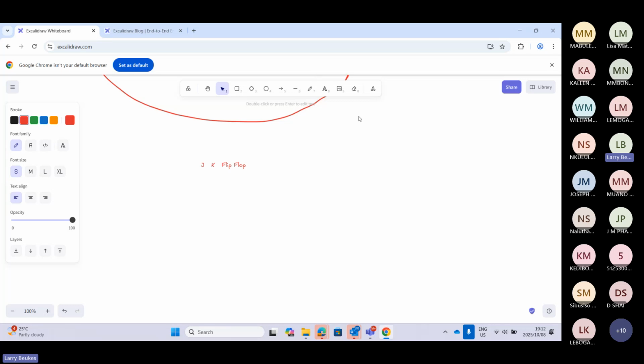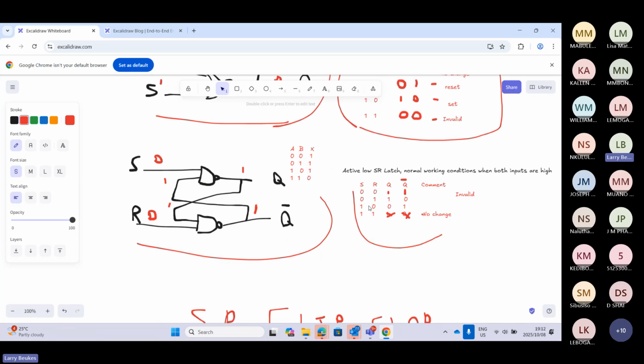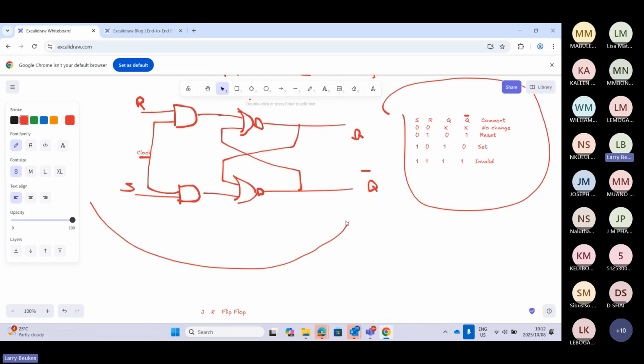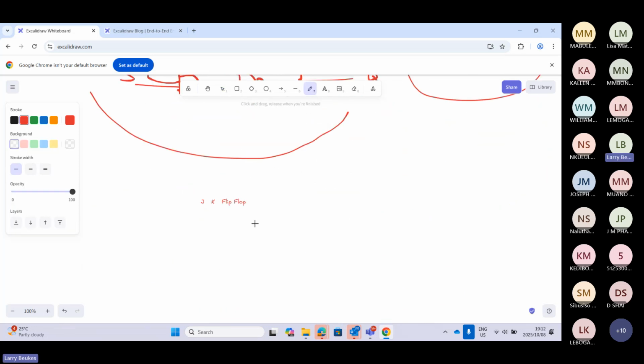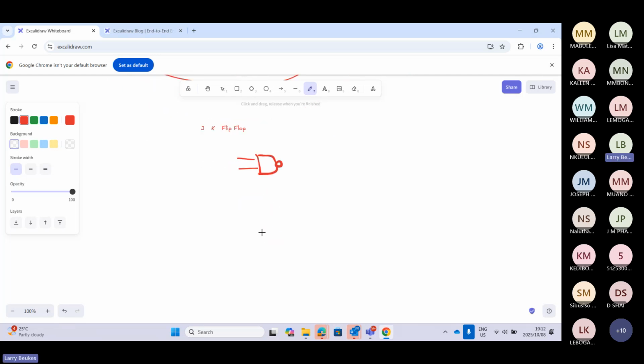So for this, we're going to use the active low SR latch to draw the JK flip-flop. Active low SR latch, we know that it uses NAND gates.